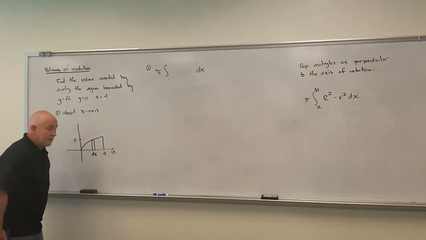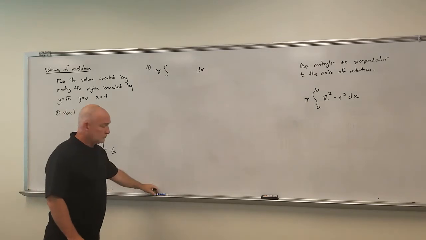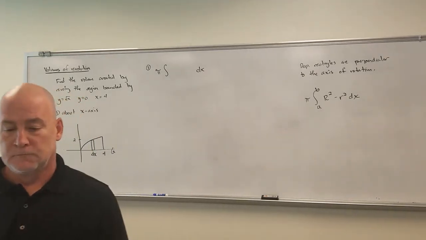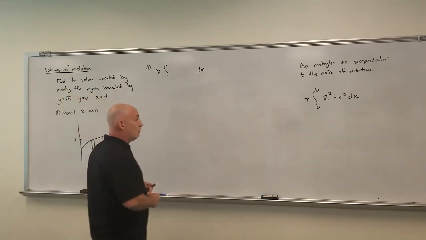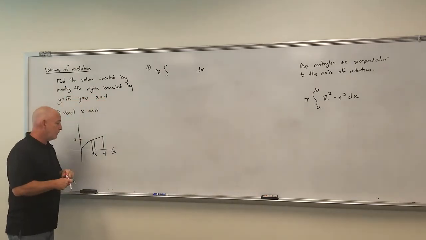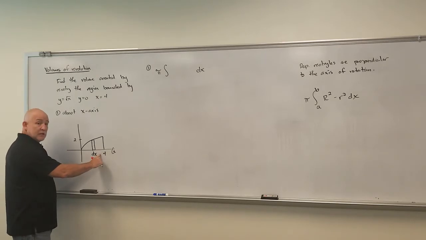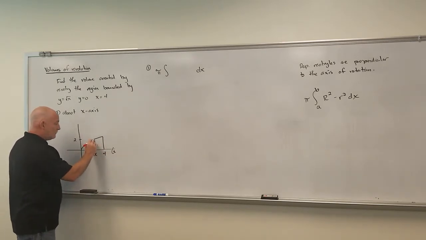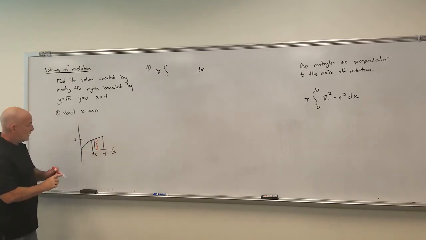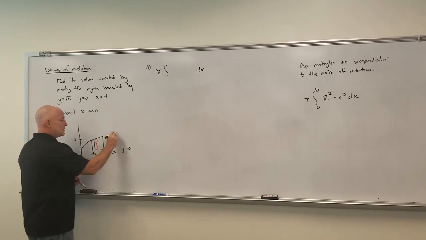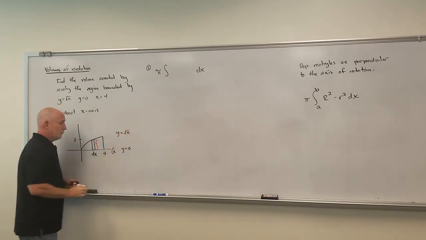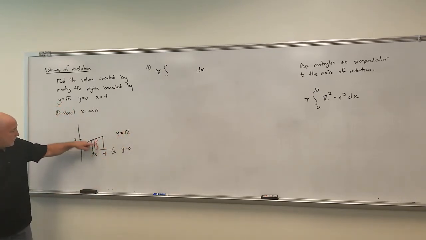Okay, so looking at this picture, let me grab this marker. Looking at this picture, we need to figure out what big R is and little r is. Big R is the distance from the axis of rotation up to the top edge. Now, since we're measuring up and down, these are y values. So the axis of rotation is y equals 0, and the top edge is touching y equal to the square root of x. So how far is it from here to here?